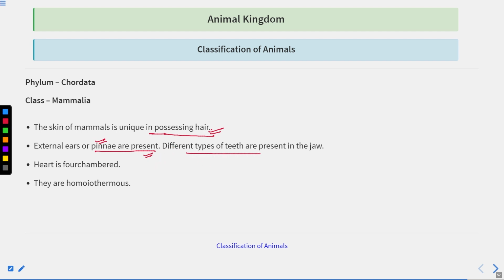Different types of teeth are present in the jaw. Heart is four-chambered. So the four-chambered heart we have seen in the case of birds also, and in the case of mammals also, they have the four-chambered heart. They are homeotherms, so they can maintain and regulate the body temperature.